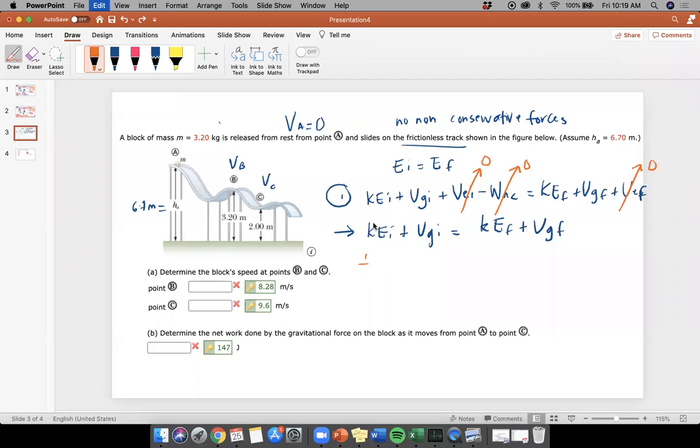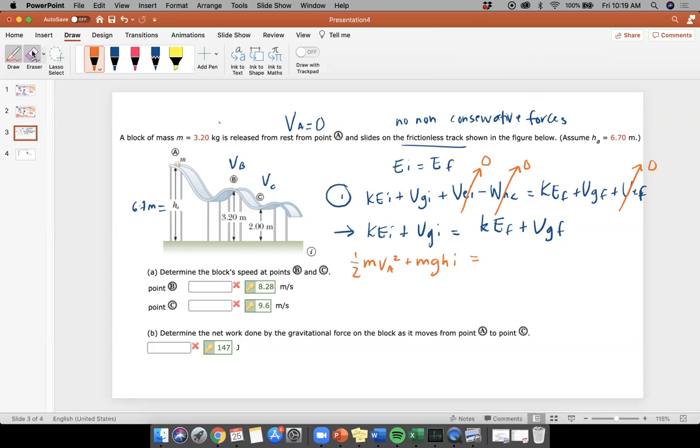Okay, never mind, let's write the equation first. 1/2 m v A squared plus mgh initial equals to, what is my final here if I'm looking for my B speed? What is it? No one?